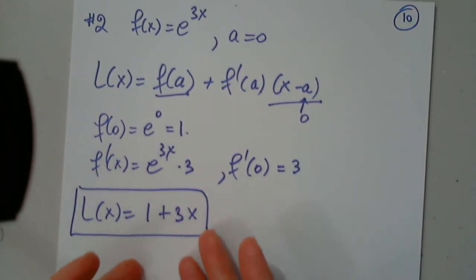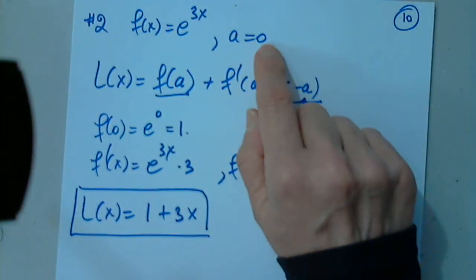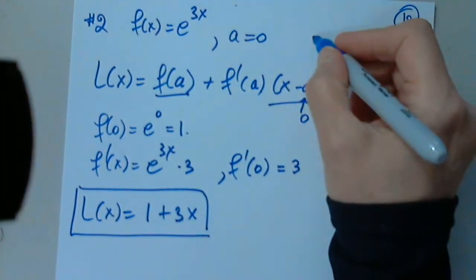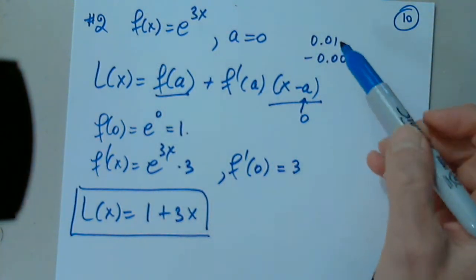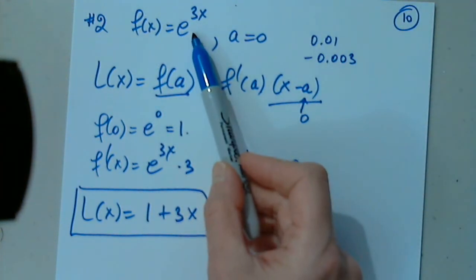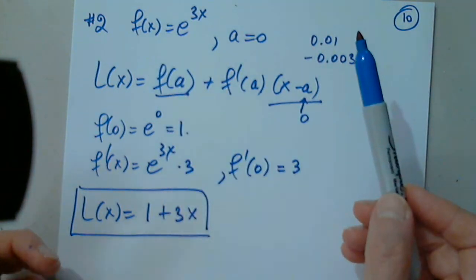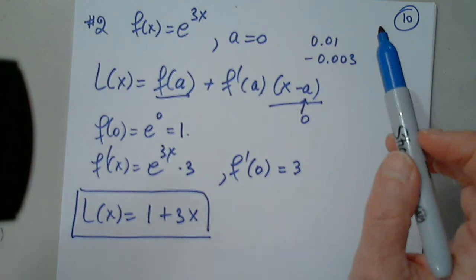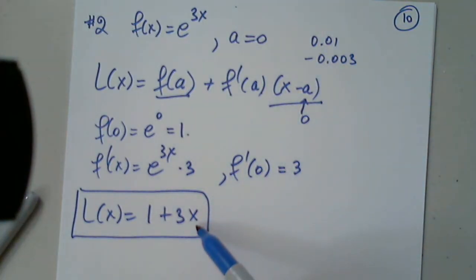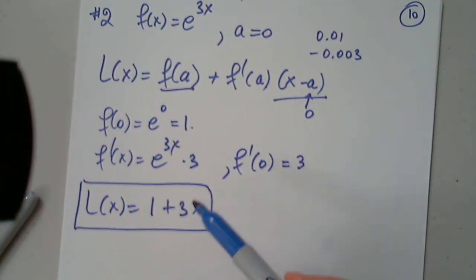So what does this mean? Near a, like 0.01 or negative 0.003, you don't want to evaluate this function if you're not super keen on exact, right? So you will plug this in here. So much easier than plugging it in there.